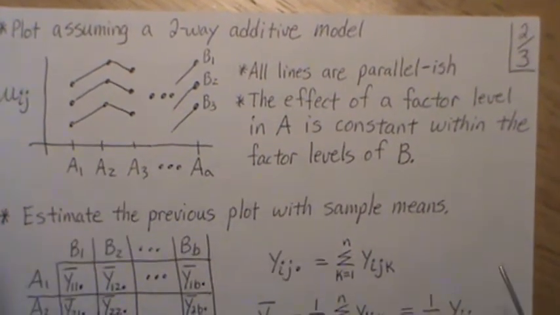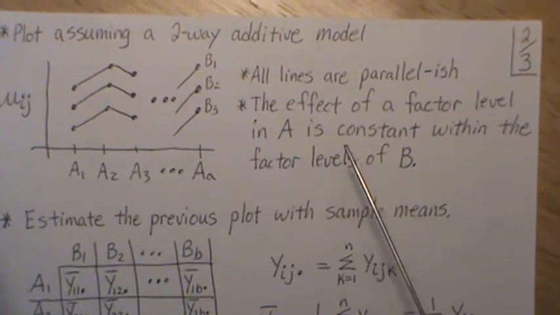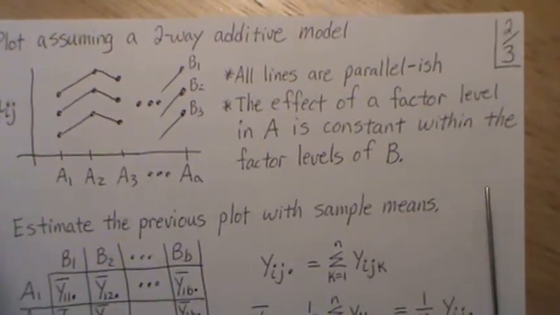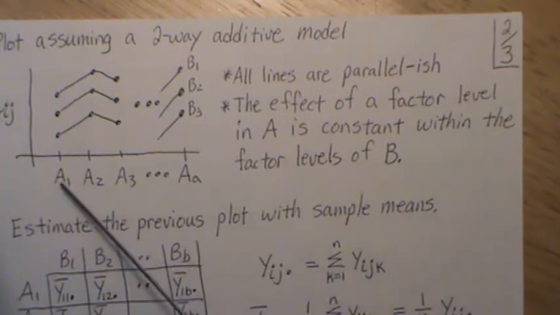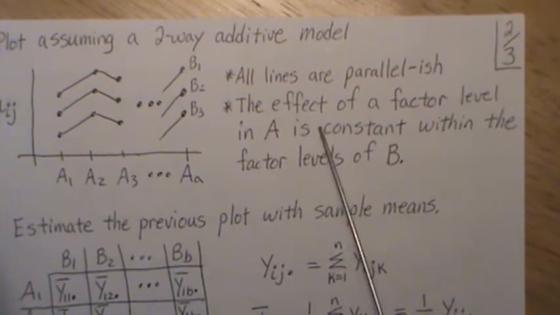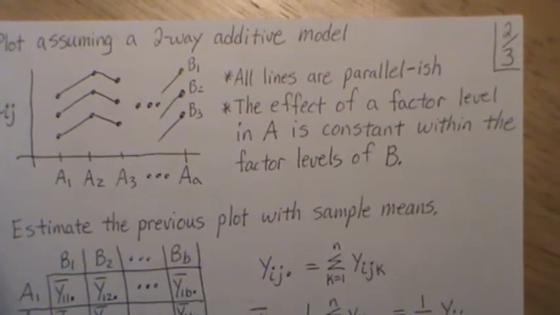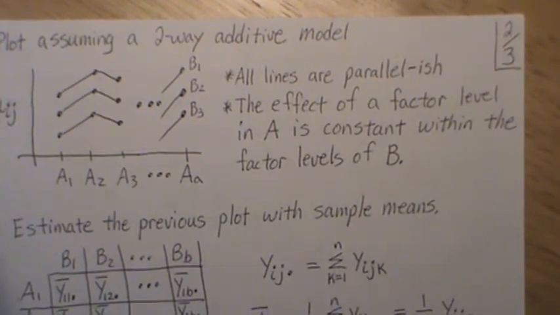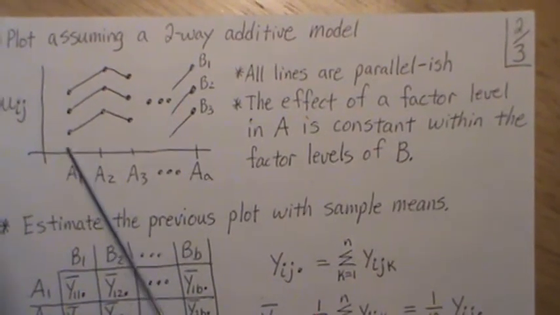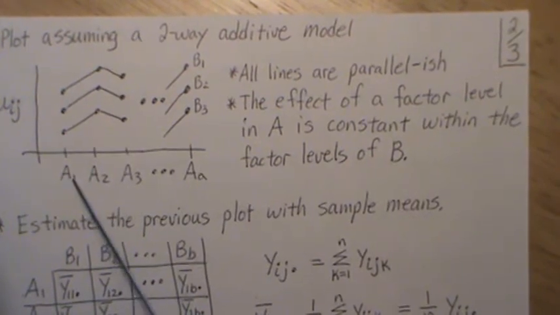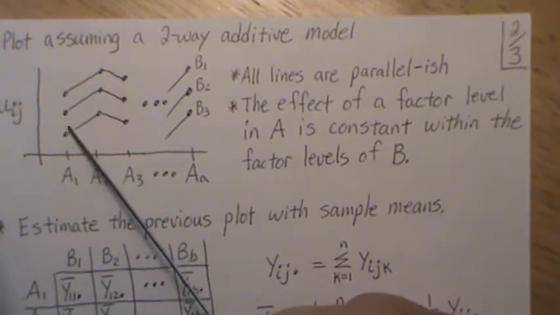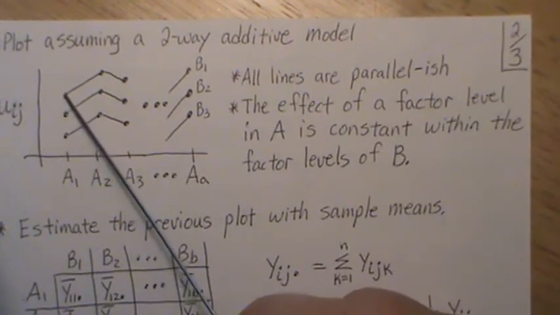One of the features of this is that all the lines are parallel-ish, and I'll show you what that means. In an additive model, the effect of a factor level in A is constant within the factor levels of B. What that means is if we're in factor level A1, the first level of factor A, each has an effect, but notice that it's the same effect.